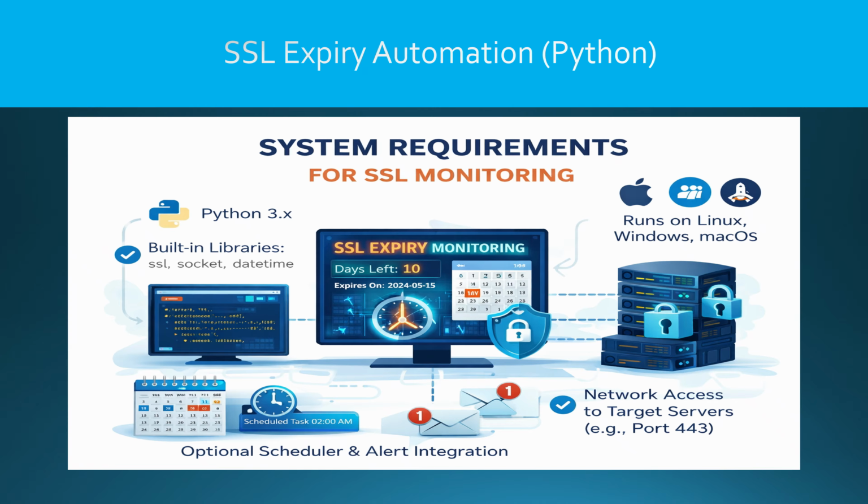The system should have network access to the target servers over the required ports, and typically that is going to be 443 for HTTPS, because the script we are going to run establishes a real-time connection to fetch the SSL certificate. It should run on any OS like Linux, Windows, or macOS, but in production it is usually deployed on a server or monitoring system.